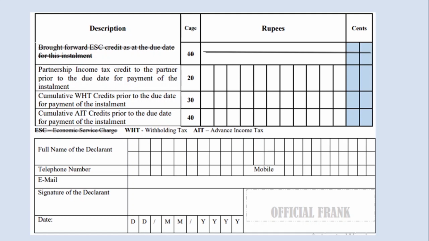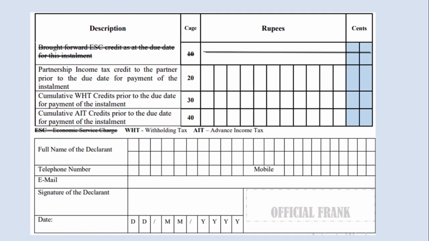If you are a partner of a partnership, the amount of the tax deducted by the partnership should be declared under page 20. That means the amount already deducted can be mentioned here, and the cumulative withholding credits prior to the due date for payment of this installment also can be deducted.